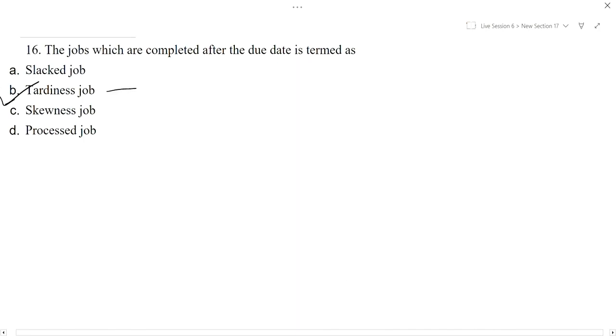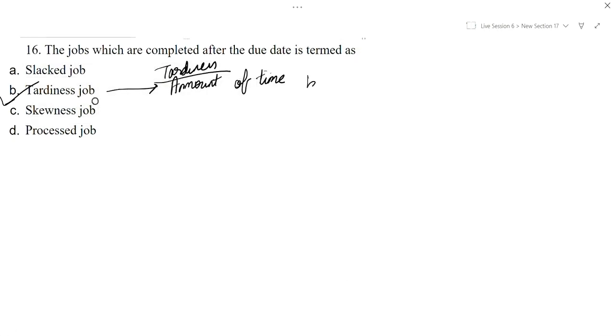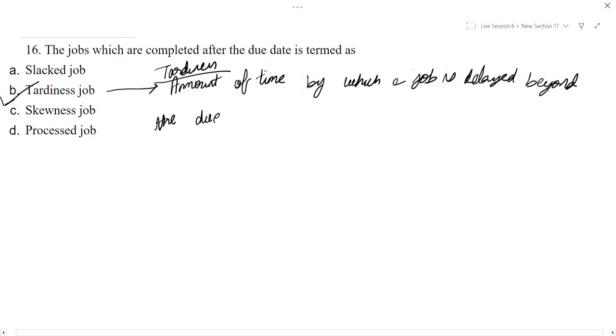Tardiness means the amount of time by which a job is delayed beyond the due date.